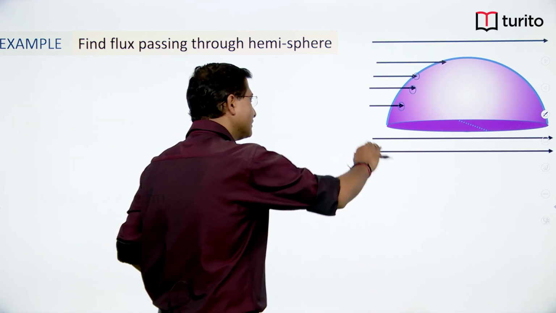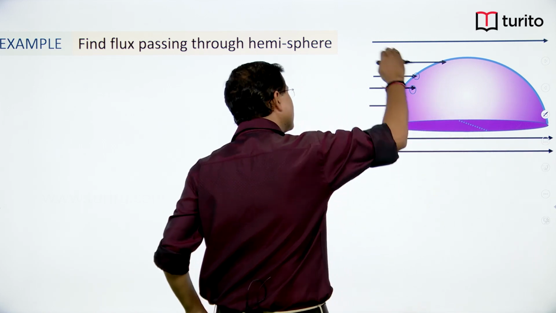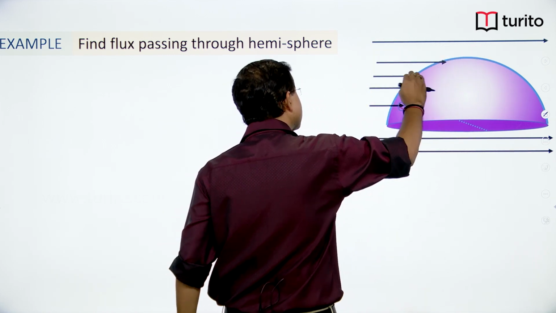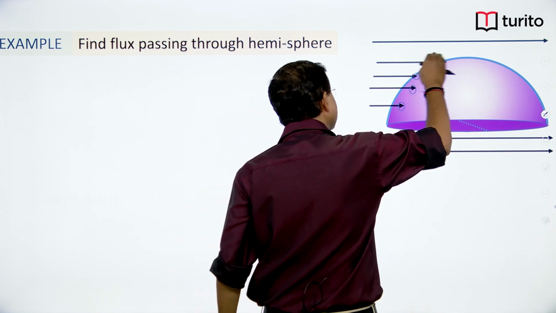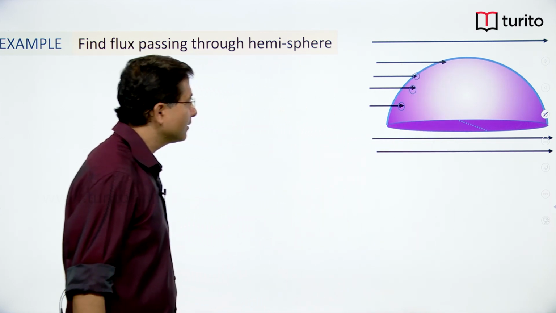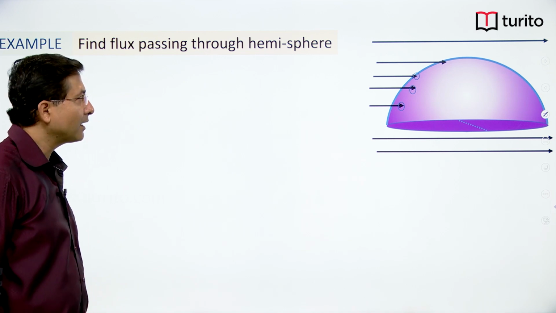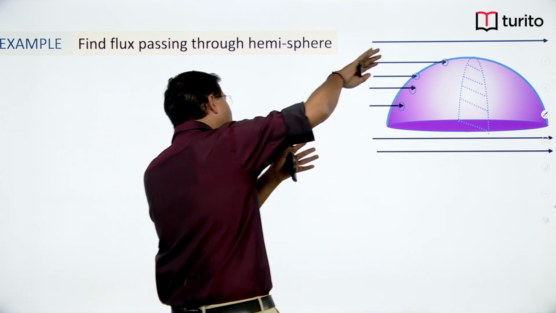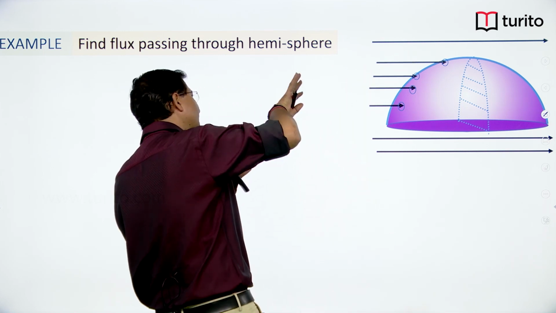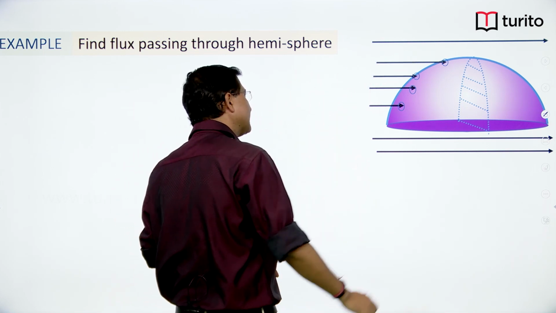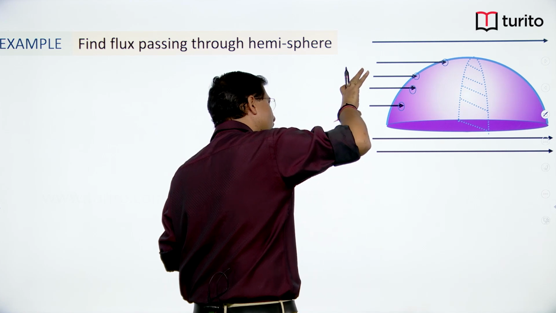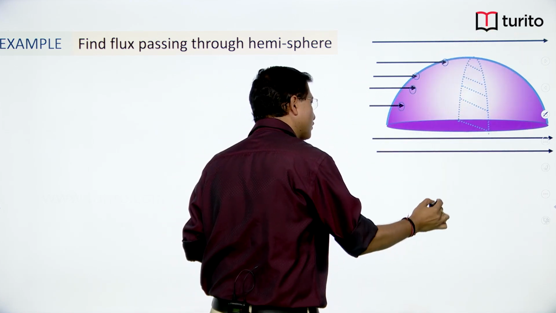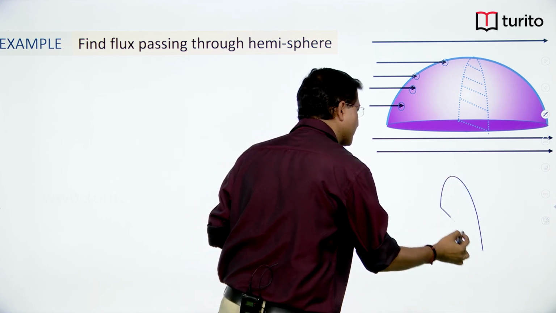So you can see this line won't pass through, this line won't pass through, this line gets into the sphere, this line gets into the sphere. So these lines are getting into the hemisphere, and if I ask how much is the flux associated, you can use the concept of projection. If you are allowing light to fall on the vertical plane, the shape of the shadow you are going to get will be something like this.